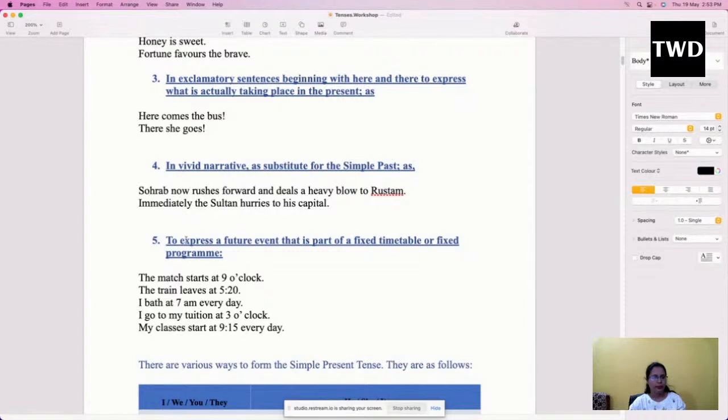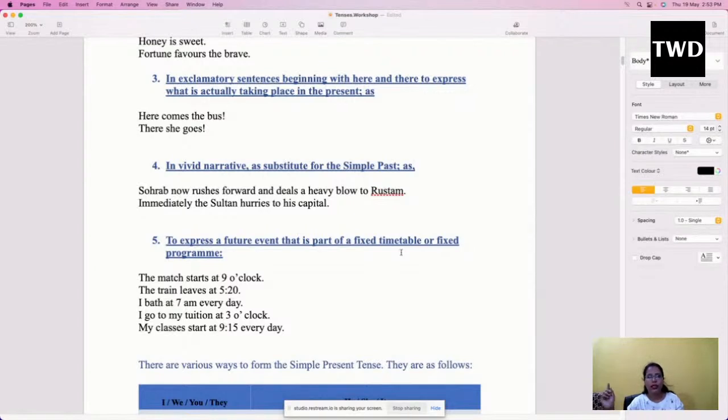And then the next one is to express a future event that is part of a fixed timetable. So always there are some actions which happen at a fixed time every day. Say for example you want to go to Mumbai from Delhi.